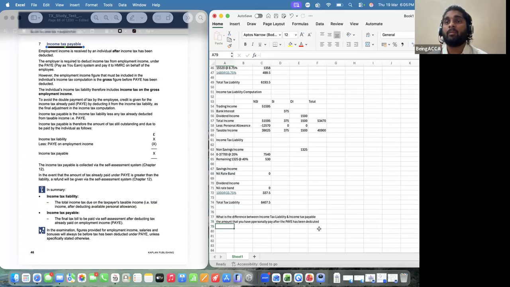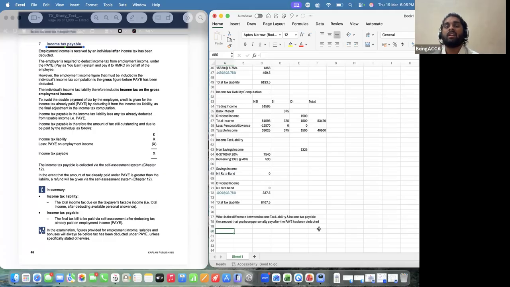PAYE is nothing but, if a person is employed with any organization and they're falling within the taxable income threshold, what will happen? The company itself will provide their salaries after deducting their income tax liability, which is also known as pay as you earn. So in the UK, whenever a person is employed with any organization and they have a tax liability, they will be getting their income net of the income tax liability that is to be paid to the HMRC.